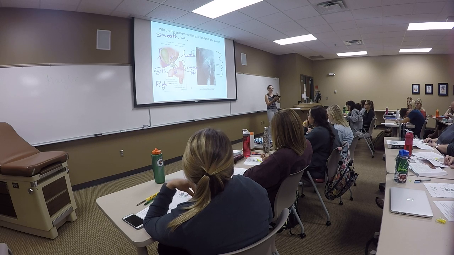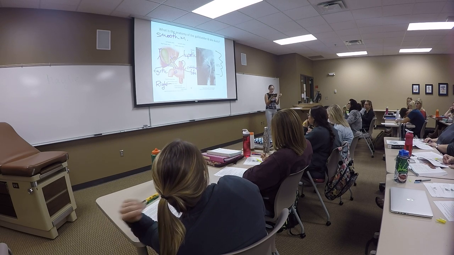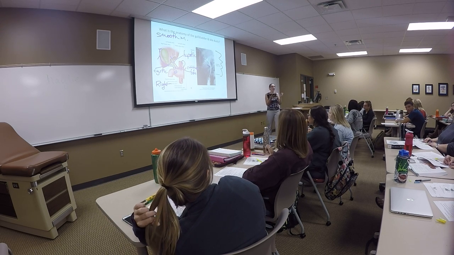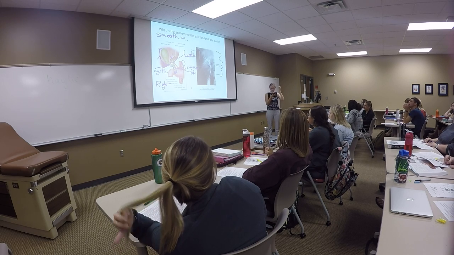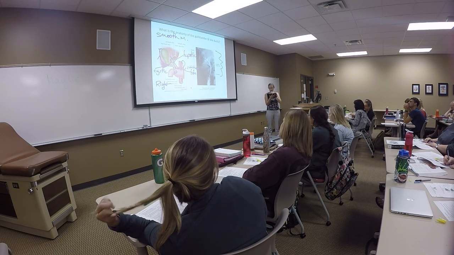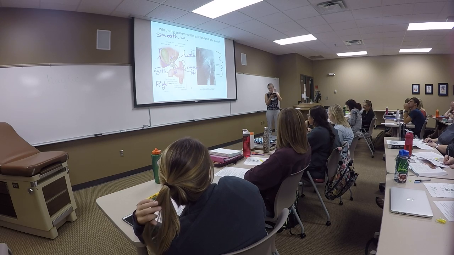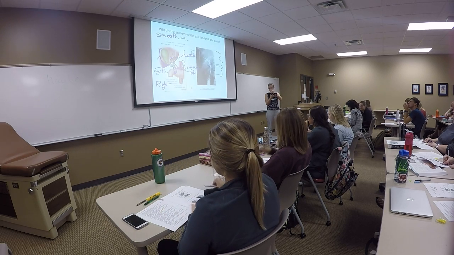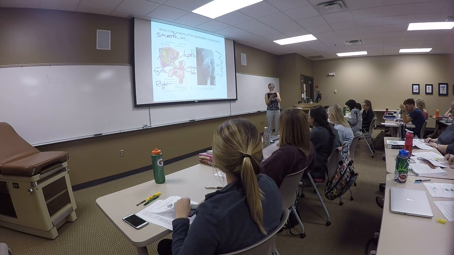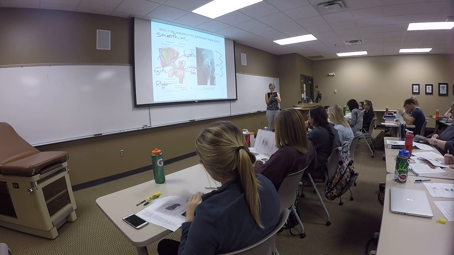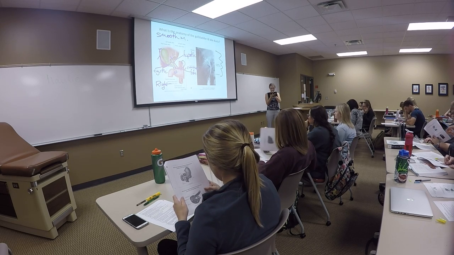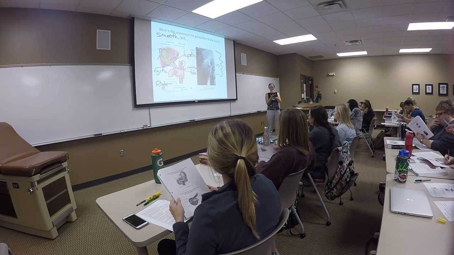Could you draw out the separation again? Isn't that the separation of the hepatic artery proper and the common hepatic artery? Yeah, sure. Let me just look real quick. Yeah, here it is.